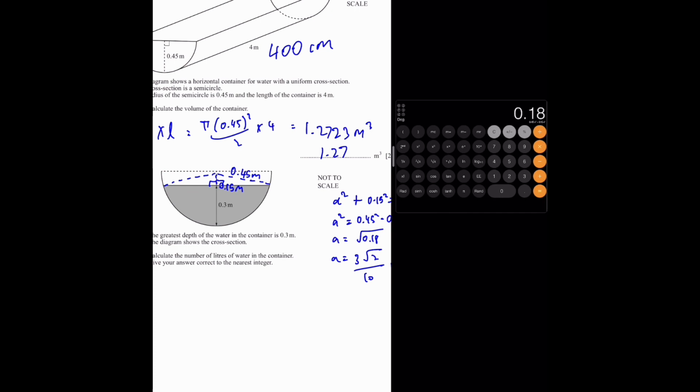But first we need to find the area of that one part using the angle of the sector. We can find the triangle's area, but we need to find the sector's area as well. But we can use the fact that these two are parallel lines and this is a transversal. So if we find this small angle there, it will be the same thing as that because of alternate angles.